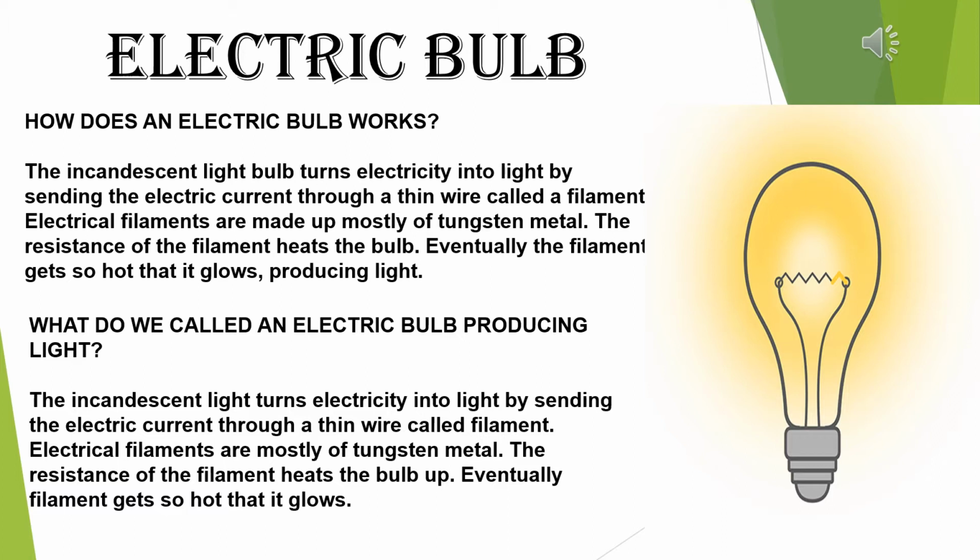The glass bulb is filled with inactive gases like nitrogen or argon, which increases the life of the filament wire. As the resistance of the thin filament wire is very high, a large amount of heat is produced in it when electric current passes through the filament. Due to this large amount of heat, the filament becomes white hot and emits light and heat.